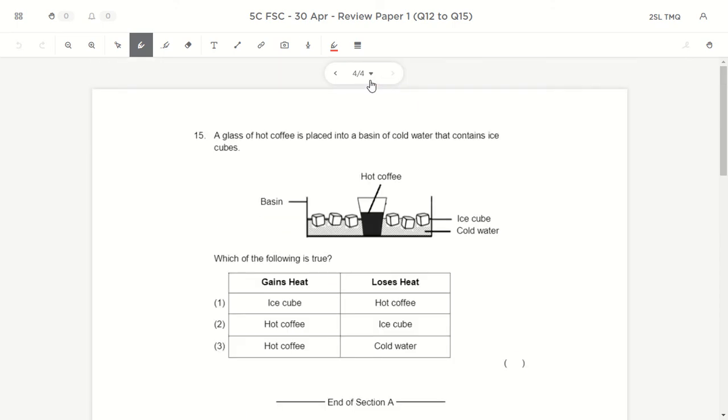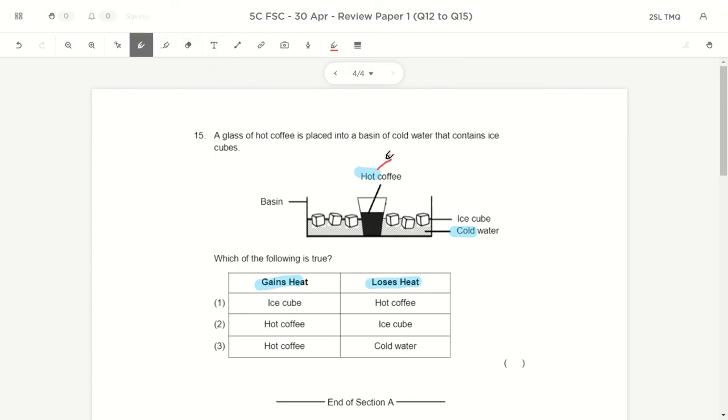The very last one is about heat. So that was the last topic in P4. I have a hot coffee placed in a basin of cold water. So coffee is hot, basin of water is cold. They're asking you which one gains heat, which one loses heat. Let's think about it.